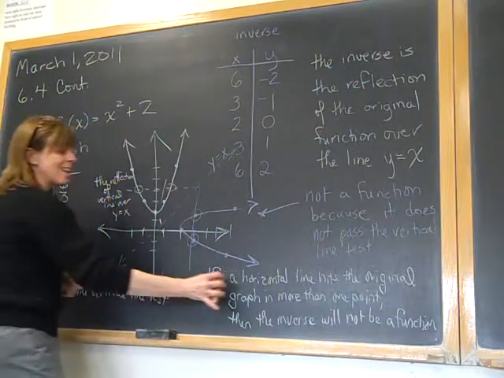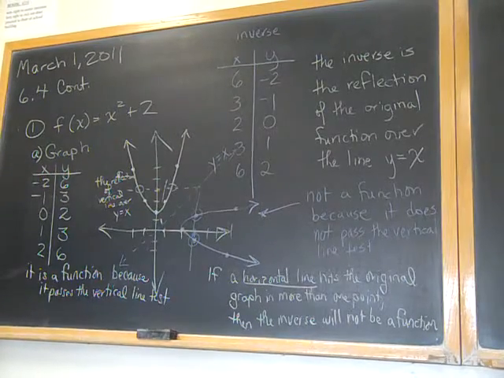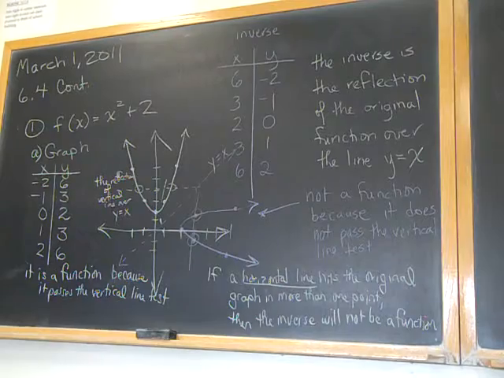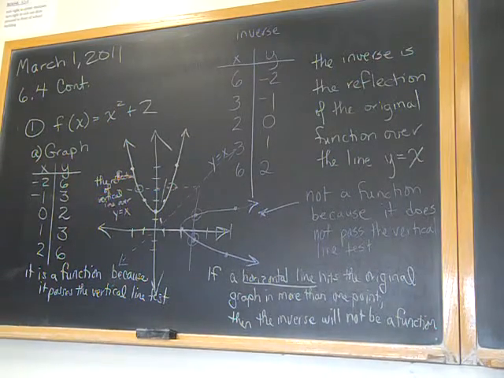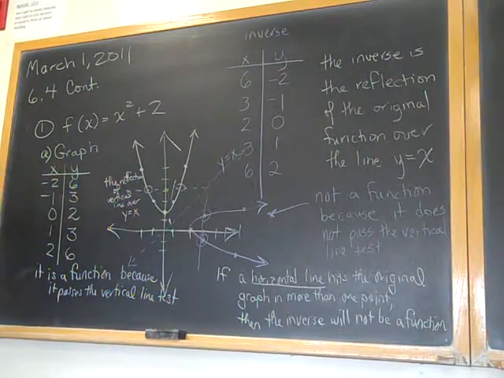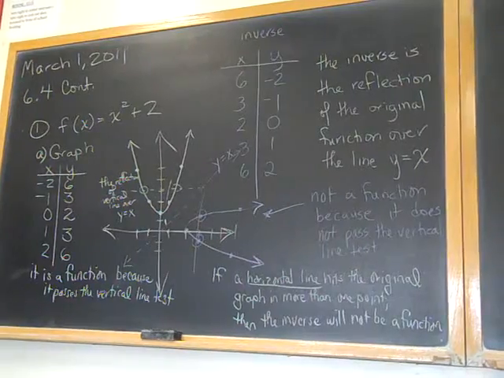And we refer to that as the horizontal line test. It's kind of the counterpart to the vertical line test. So if a horizontal line hits the original more than once, its inverse will not be a function.